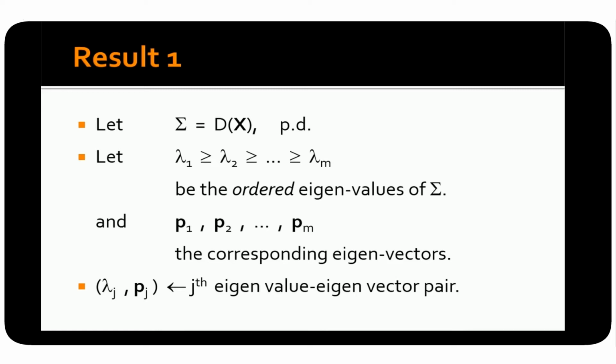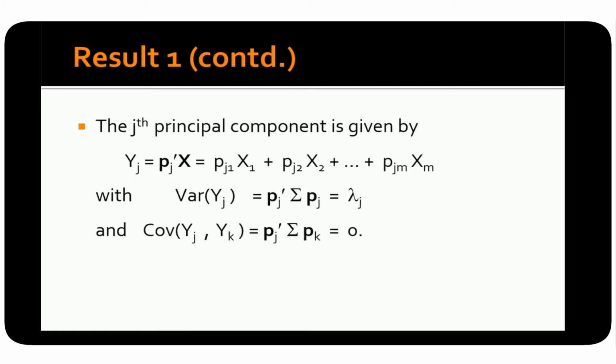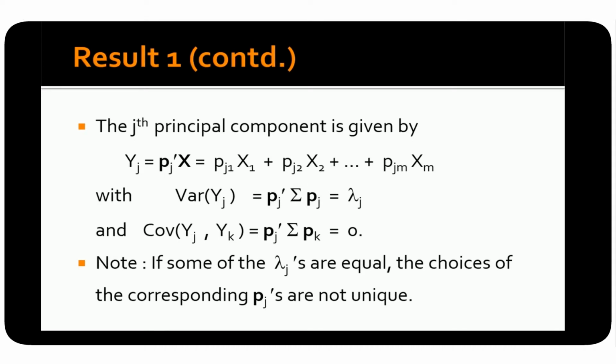So, once we get this, we can get a set of m orthogonal vectors. What this result states is that the jth principal component is given by yj, which is pj prime x, where pj is the jth eigenvector. So, we get the elements of pj, which are pj1, pj2, up to pjm, and these act as the coefficients in the linear combination of the x's to yield yj.